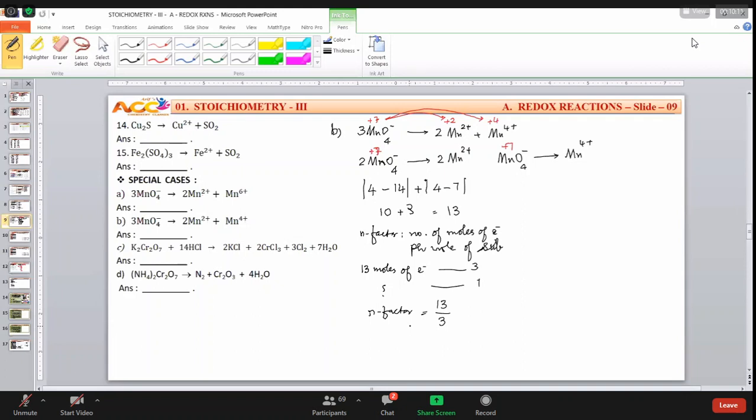This is the discussion for the B bit. After that, do it for the A bit and tell me the answer. First complete this. If you have any doubt, ask and then proceed.